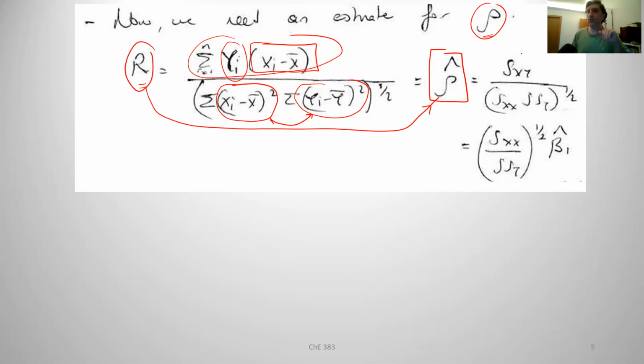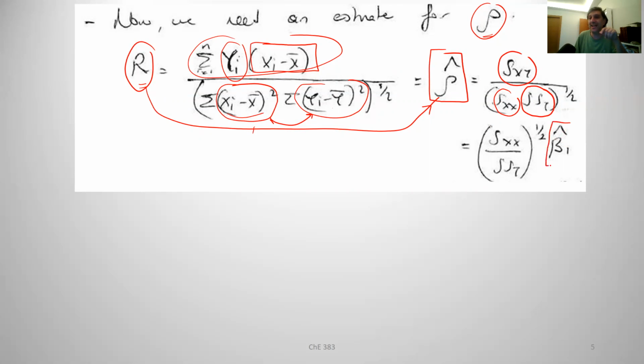Also, the numerator can be written in this form as the sum of squares of xy, which I talked about previously. This is going to be the sum of squares of x values, and this is going to be, as I said previously in R square, the sum of squares total, which actually corresponds to the sum of squares of y values. And you can also write it in this manner.